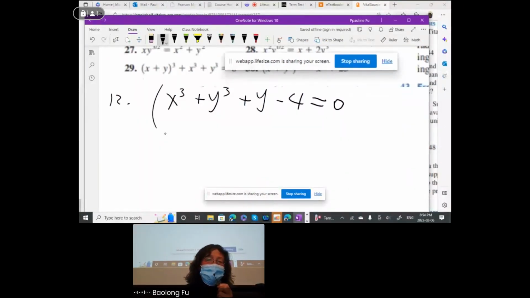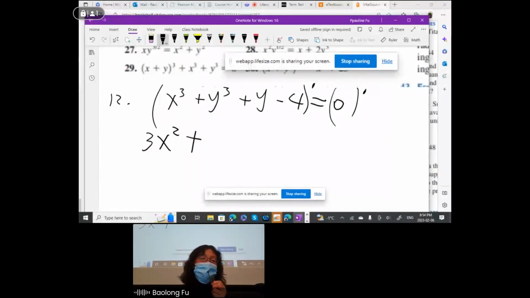Left-hand side, you take a derivative. Right-hand side, take a derivative. Remember x is x, but y has x. So x cubed differentiated is 3x squared. y cubed differentiated is 3y squared, but y has x, so you have to multiply by y prime for the second term.